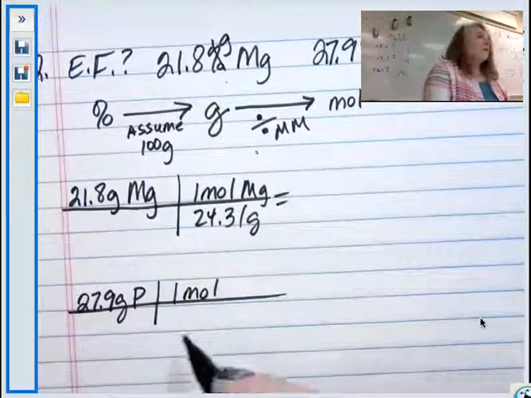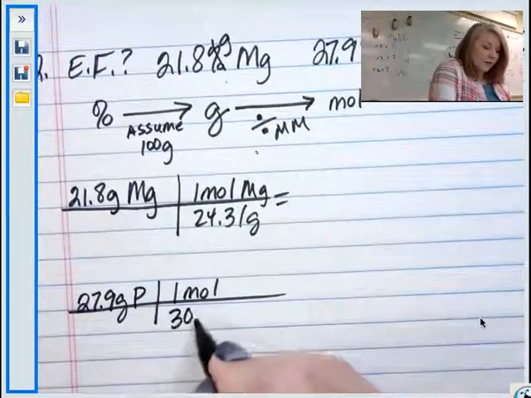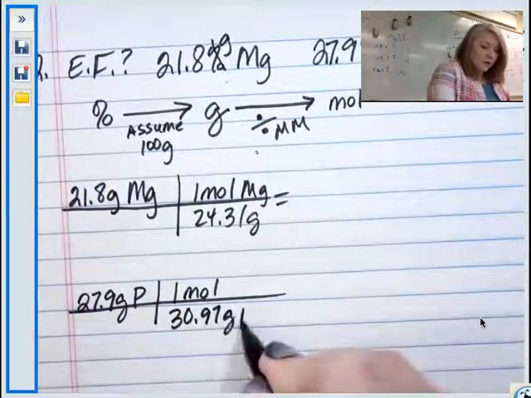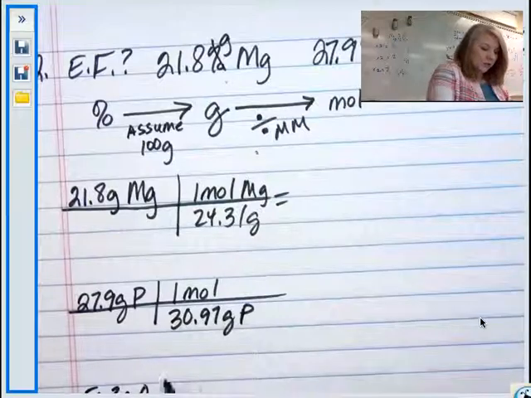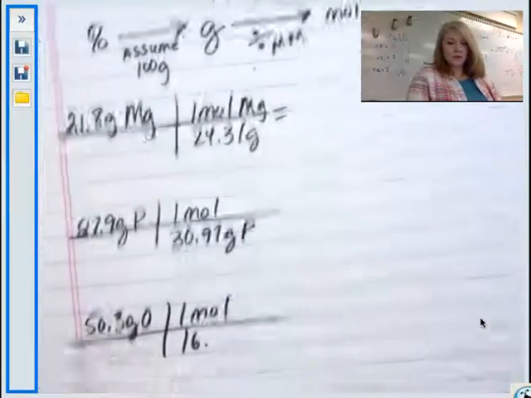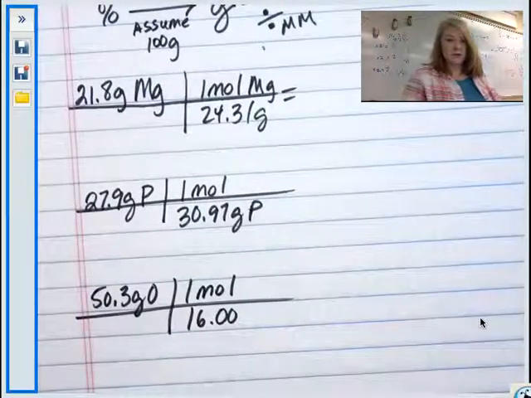All right, phosphorus, 30.97. And last but not least, we have oxygen. Let me write this down real quick, Mary Kate. And how much does oxygen weigh? 16.00. Okay. We can put the 0.00 there if we want to.